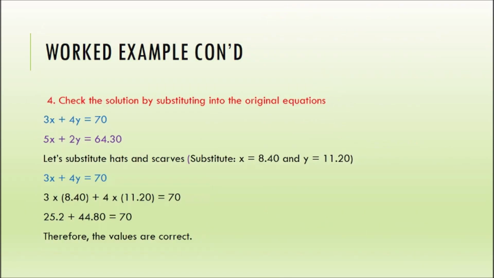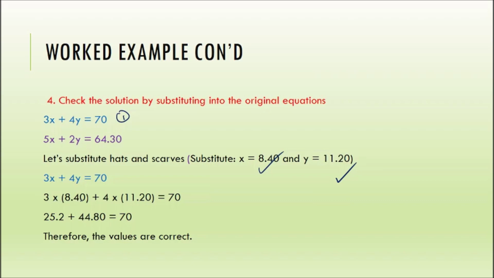So we have to check the solution by substituting into the original equations. We know that x equals 8.40 and y equals 11.20. So we can put both of the values, x and y, into either of those equations. I've just picked equation 1, which is blue. You could do equation 2 if you felt like it, but I decided to do 1 purely because decimals really are not my thing, and I can multiply real quick up here.